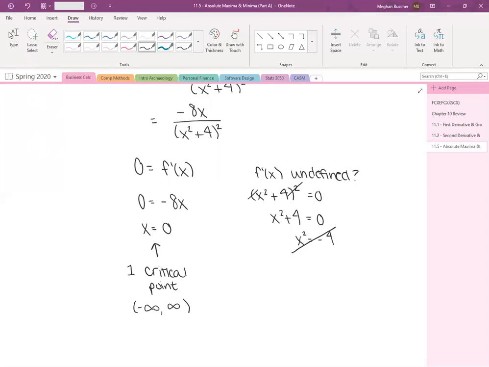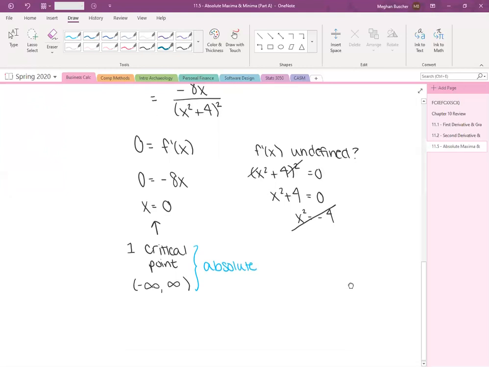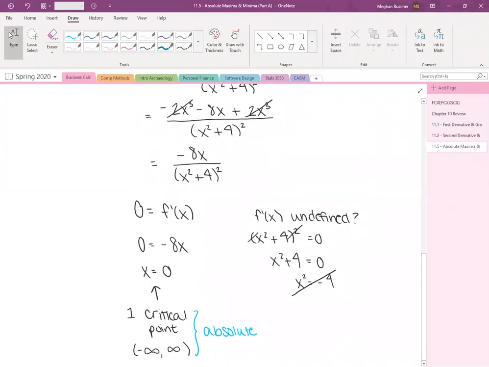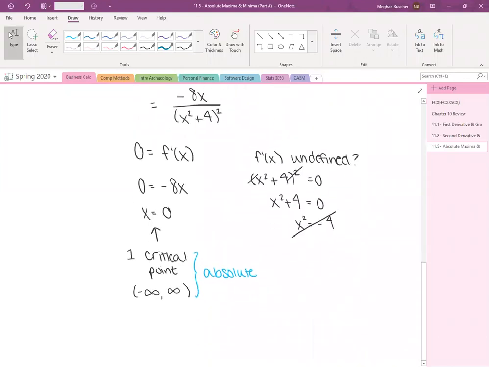Wouldn't it be absolute? Exactly. When we have only one critical point in an open interval, that means we have absolute. Okay, so now we have our critical point. Our last part is just to find the second derivative and then plug this number in.